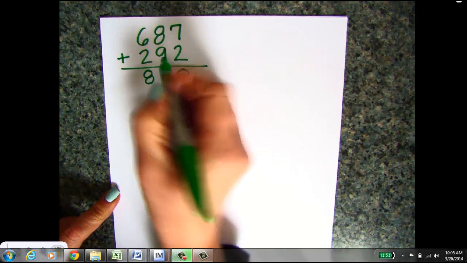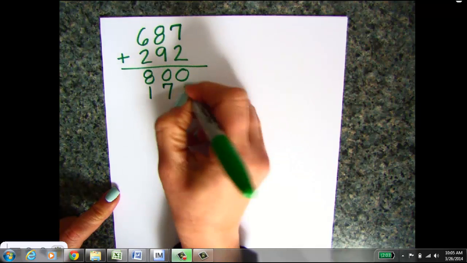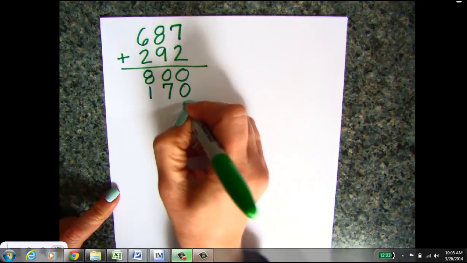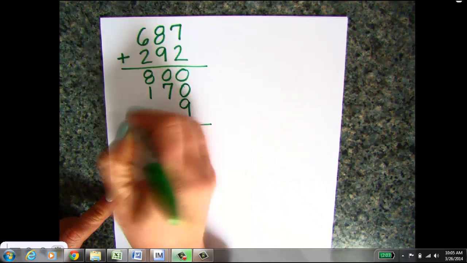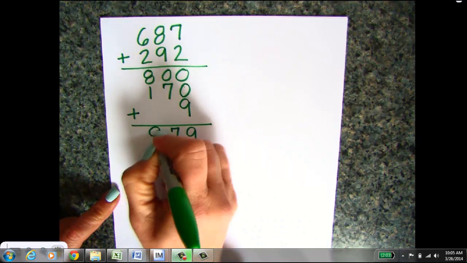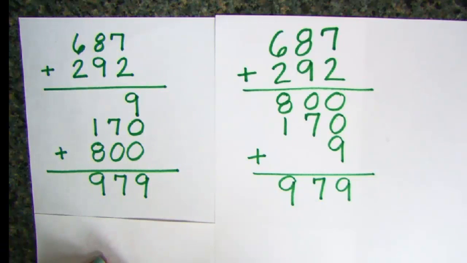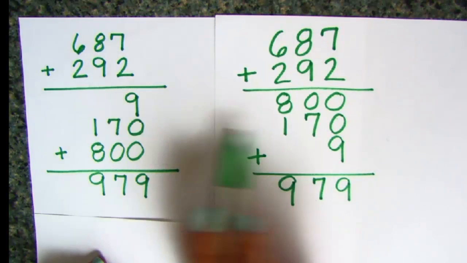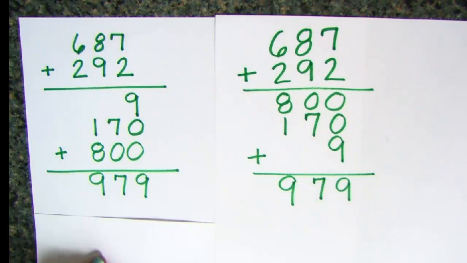Then 80 plus 90, and 7 plus 2. Either way you promote this method in your classroom is appropriate, whether starting with the ones or starting with the hundreds. This is one example of partial sums.